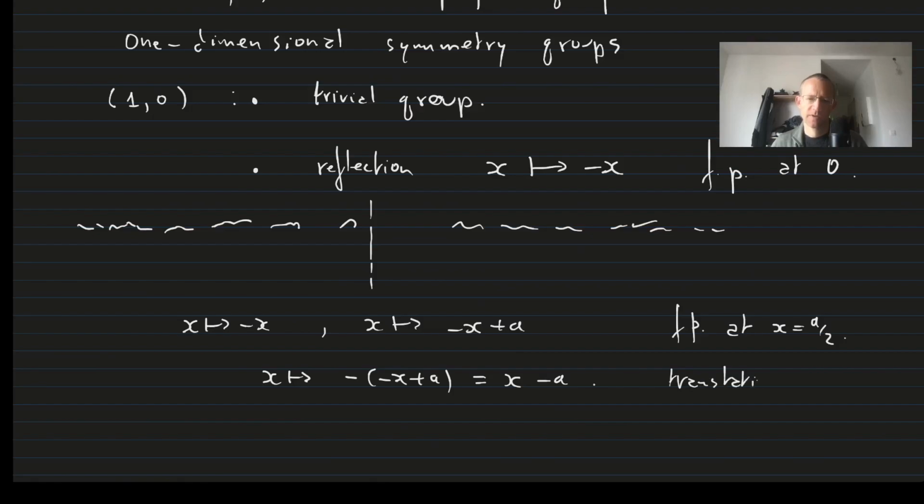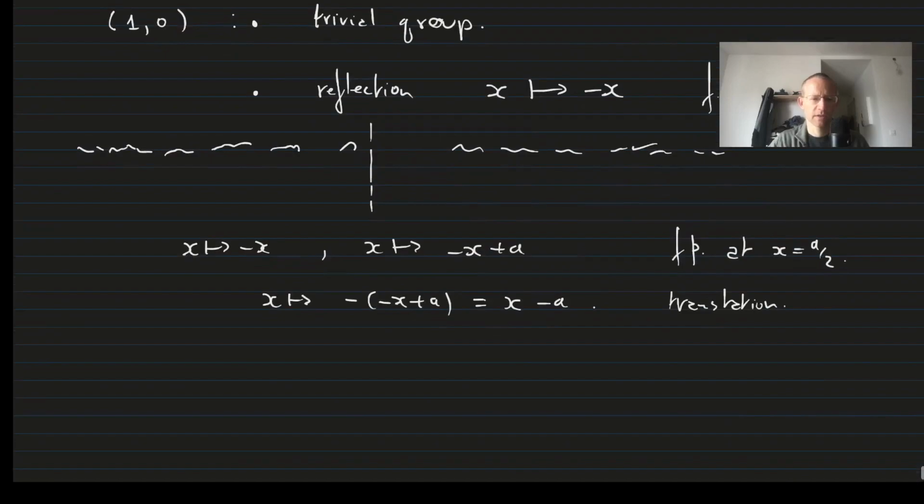And if there's one translation, there's infinitely many, and therefore we are in the second class, which is given by 1,1, namely a 1-dimensional Euclidean space with a 1-dimensional lattice symmetry.